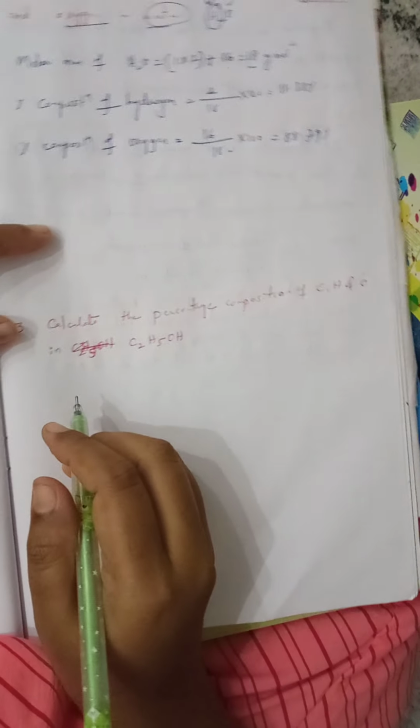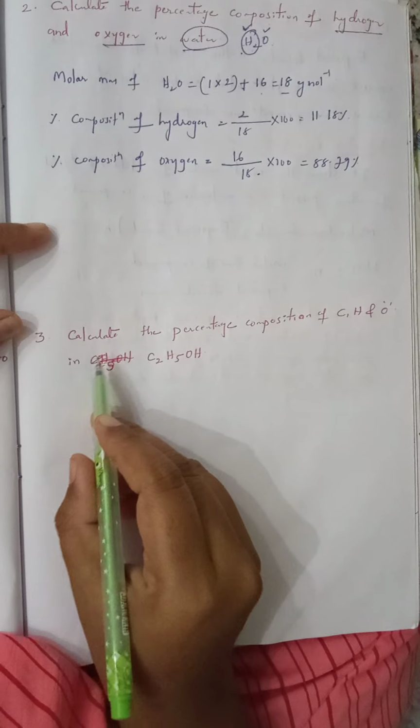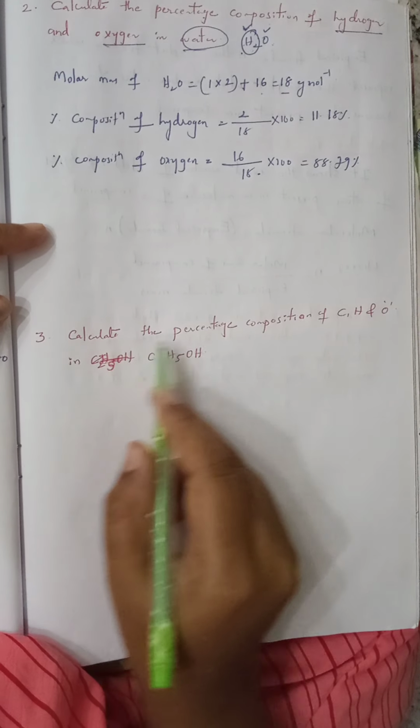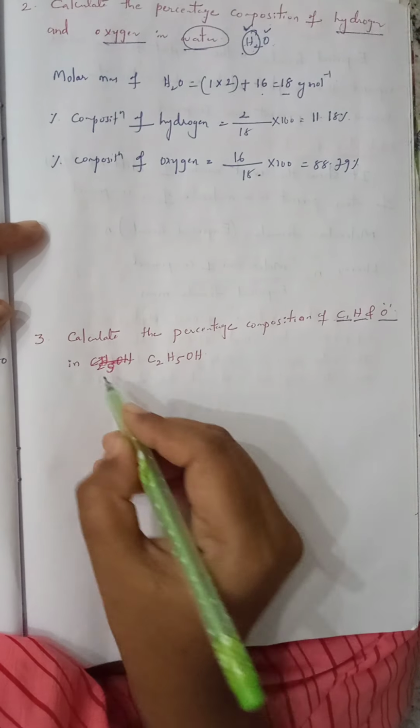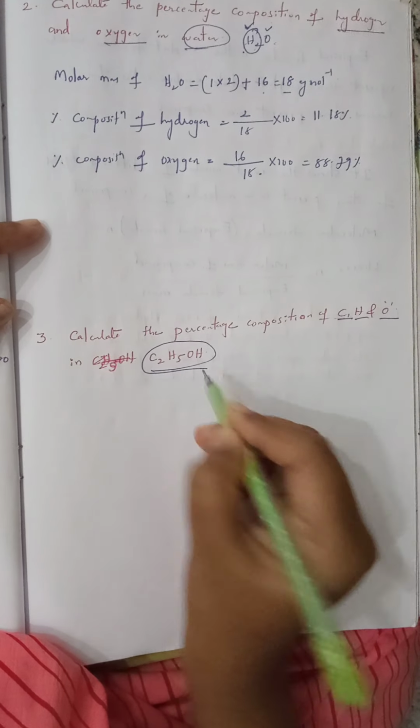So based on the same formula, you just try to find out the third one. Calculate the percentage composition of carbon, hydrogen and oxygen present in C2H5OH.